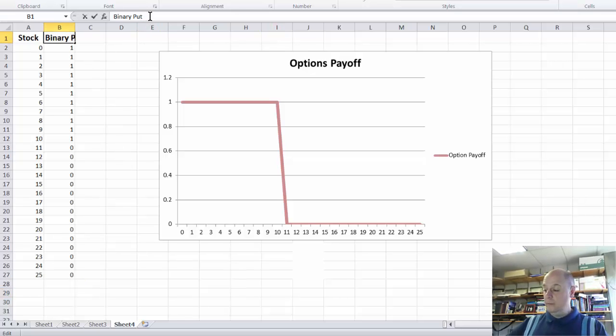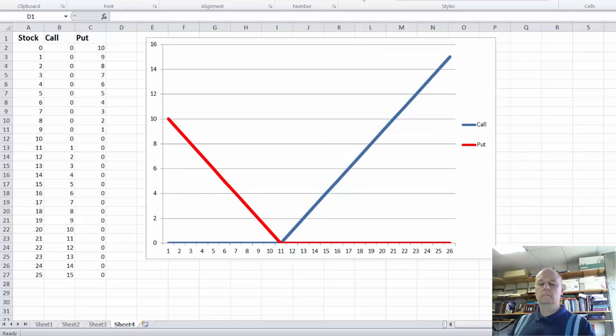Let's put this back to be a call option. And beside it, I'm going to put a put option. I'm going to put them on the same graph. Okay, so on the same graph, I've graphed in the blue the call and in the red the put.